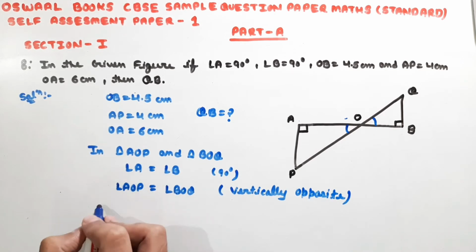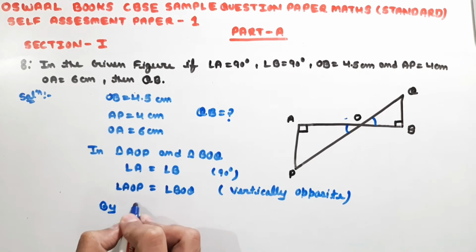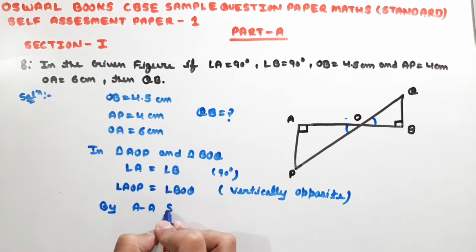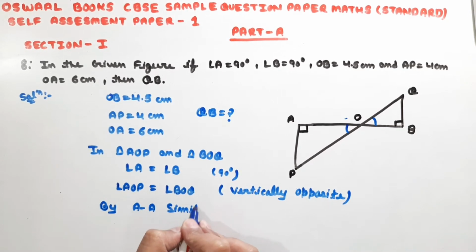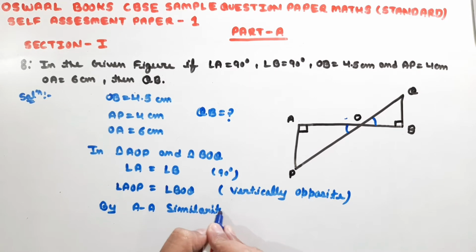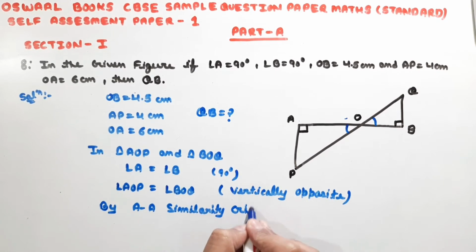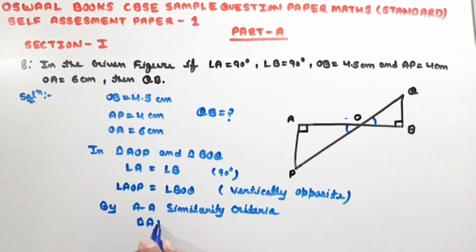So by the angle similarity criteria, triangle AOP will be similar to triangle BOQ. Since both triangles are similar, the ratio of corresponding sides will be equal.